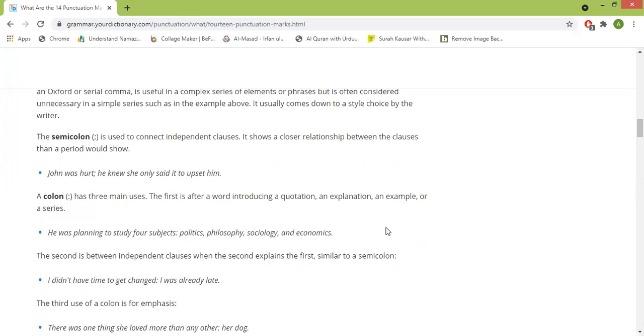Semicolon. Semicolon is used to connect independent clauses. It shows a closer relationship between the clauses than a period would show.